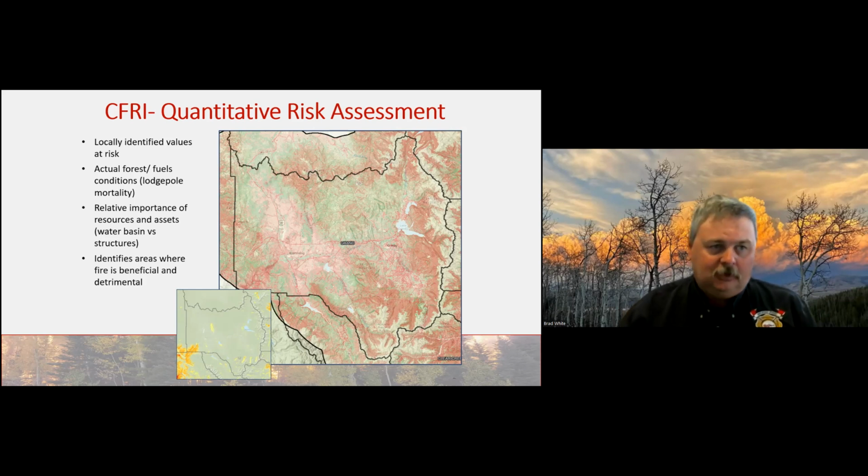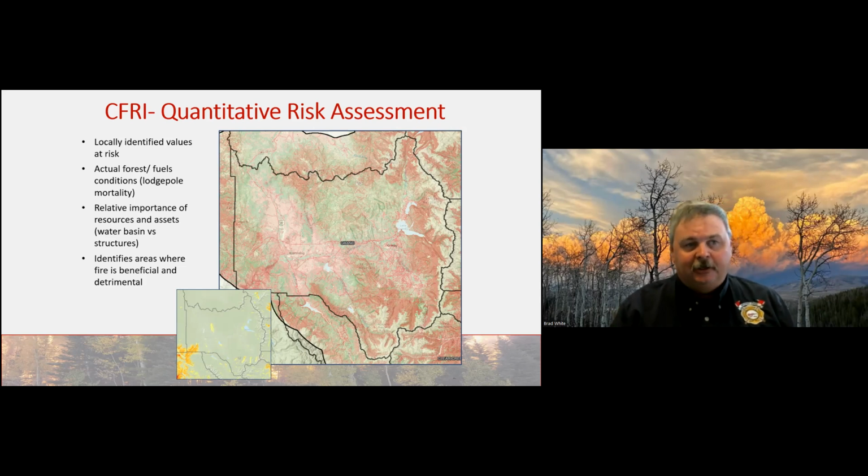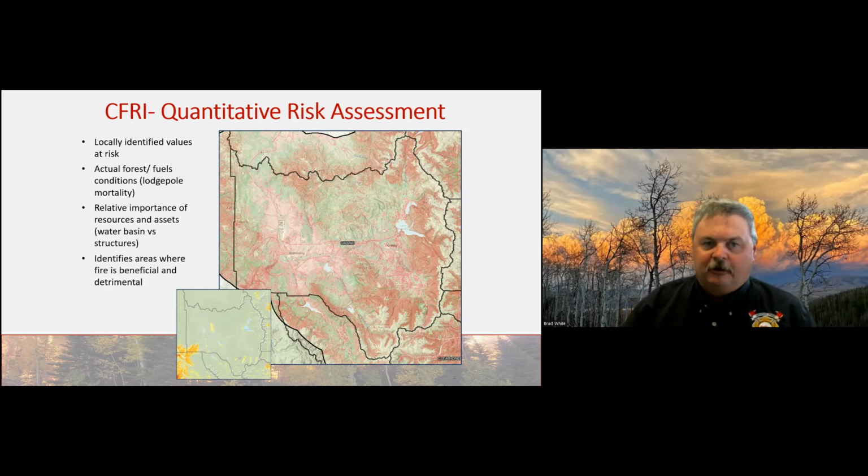So as we embarked on our community wildfire protection plan, we began looking at how to best show the public what our real risk is as part of this public input process. And so we began working with Scott and Mike and pulling in their data. I think the big thing for us is they've gone to a lot of effort on what the actual fuel conditions are now, and not the assumed conditions for a lodgepole forest.